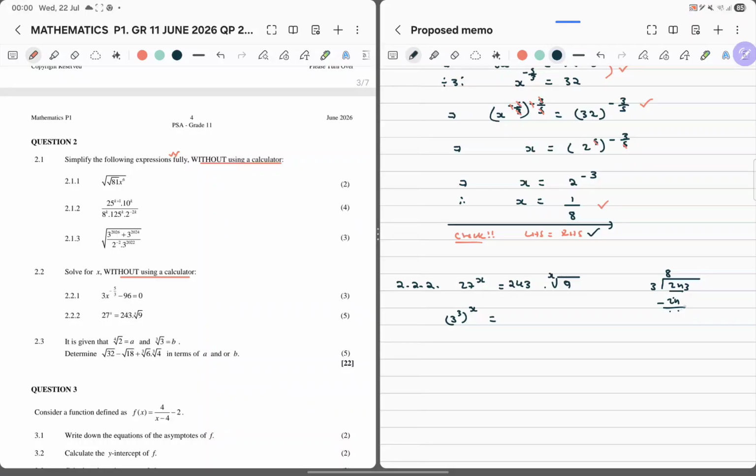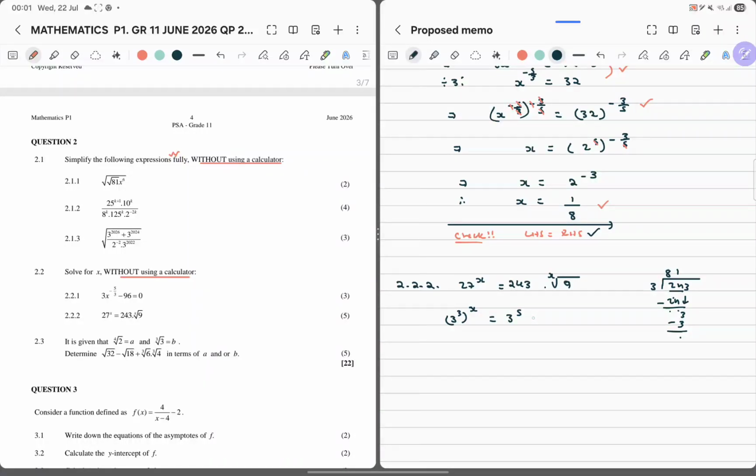We subtract, this dies, and then 3 here. Yes, 1 times 3. So it's 81. So 243 is 81 times 3. Now this is basically 3 to the exponent 5, because 81 is 3 to the 4 times 3 to the 1. So that makes it 3 to the 5.